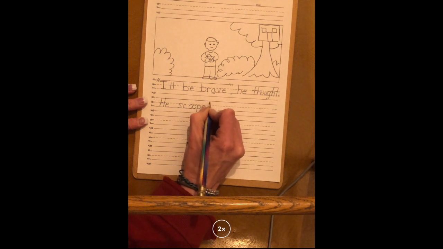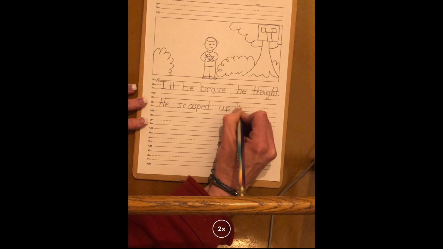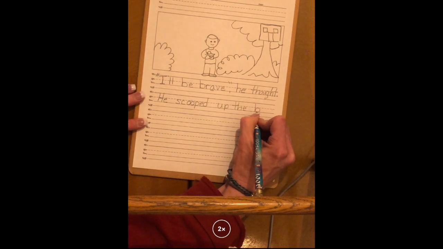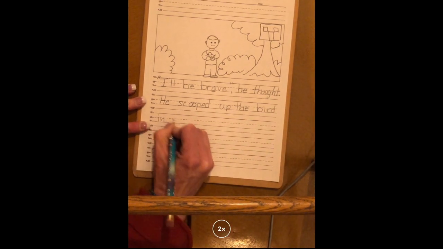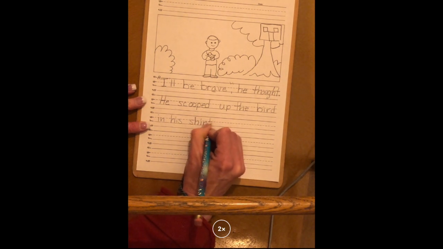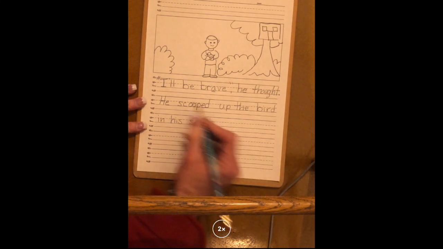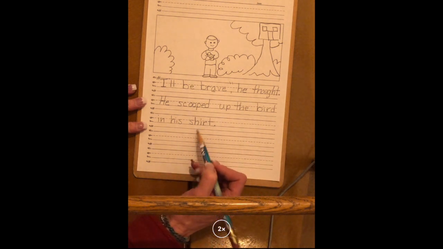So scooped up the bird in his shirt. Shirt. Okay? And again, end it with punctuation. "I'll be brave," he thought. He scooped up the bird in his shirt.